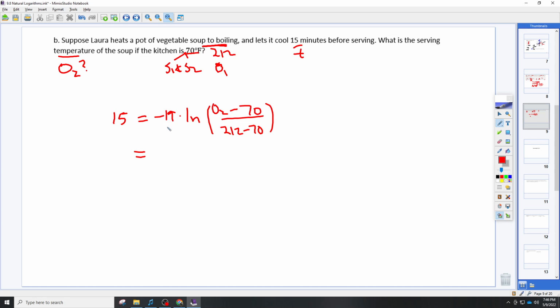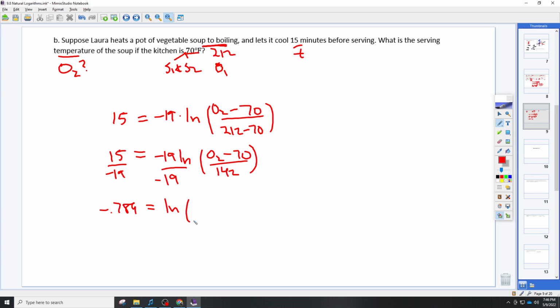I'm going to go ahead and probably just simplify this a little further. ln, we have O2 minus 70 over, that would be 142. Okay, not much I can simplify there. So we have multiplication between these two things, and since I can't really do this part in the calculator because it's O2, I'm going to divide both sides by negative 19. So 15 divided by negative 19, 0.789, negative 0.789, equals ln of this mess.